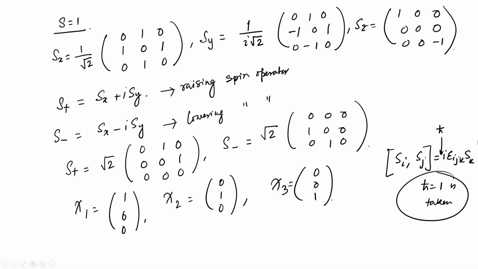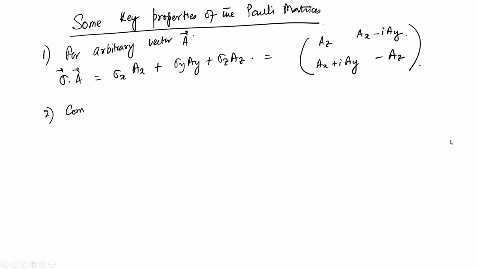So, each time you change the cyclic property of these indices i j k, you bring up a negative sign. Two of these indices become same, you have it 0, and that is what the property is. So, the commutator of S x with itself is of course equal to 0, because i and j are same indices.